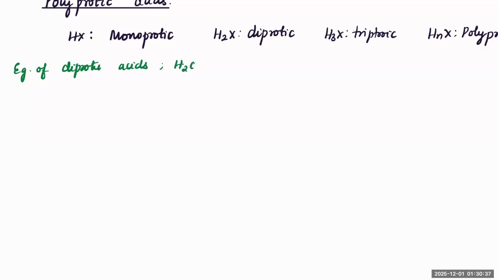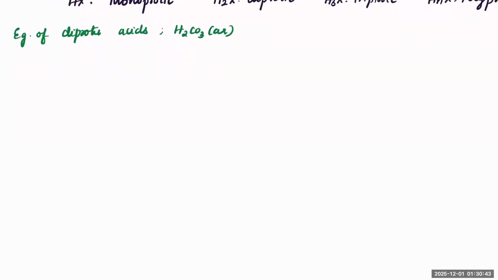What is the best example other than H2CO3? Carbonic acid. It is a diprotic acid. You know that H2CO3 aqueous will ionize as H plus ion and HCO3 minus.